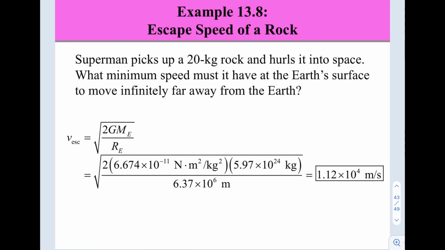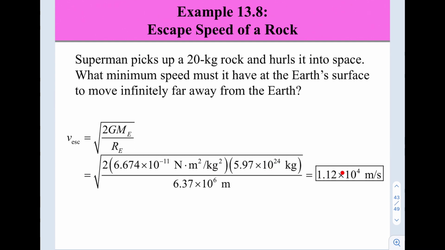Example 13.8, escape speed of a rock. Superman picks up a 20 kilogram rock and hurls it into space. What minimum speed must it have at the Earth's surface to move infinitely far away from the Earth? Right, we know that escape speed is equivalent to the square root of 2G mass of the Earth over radius of the Earth. So substitute the G, the mass of the Earth, and the radius of the Earth.